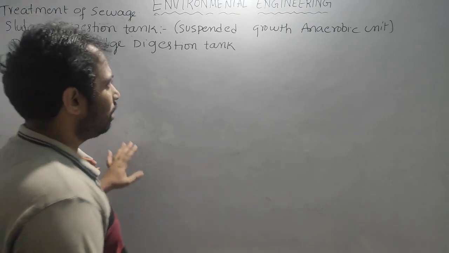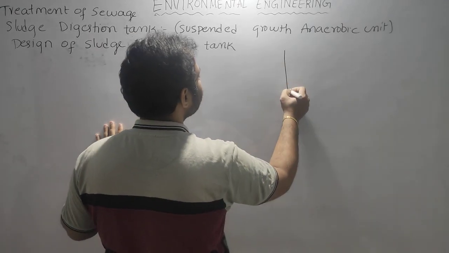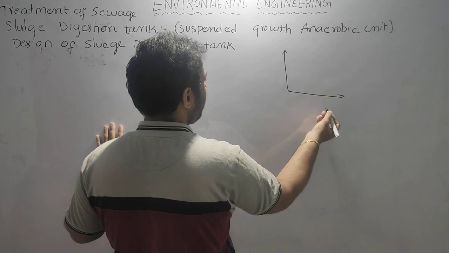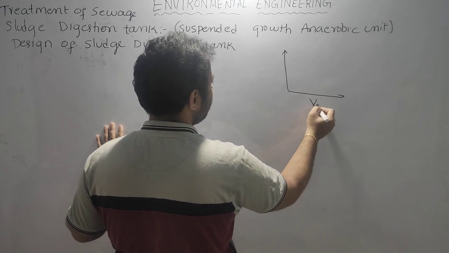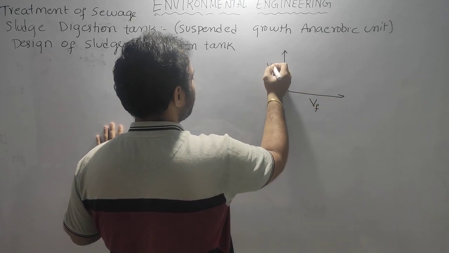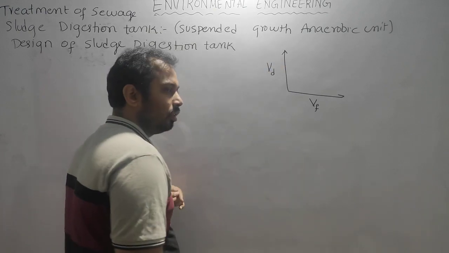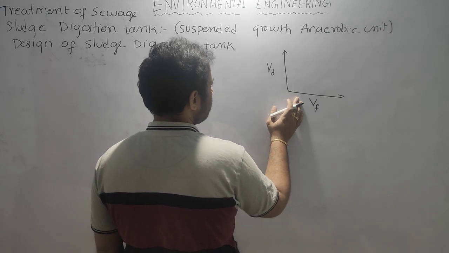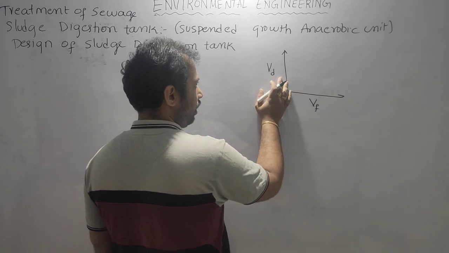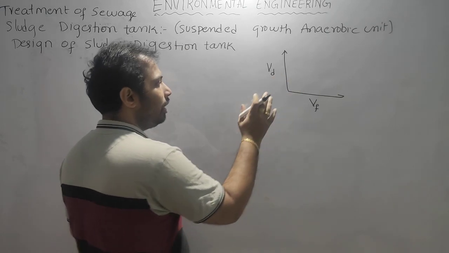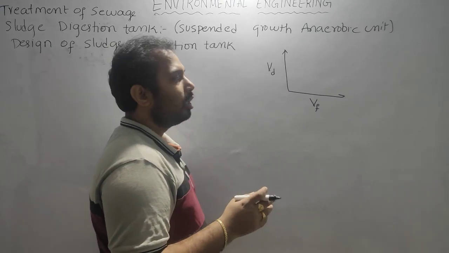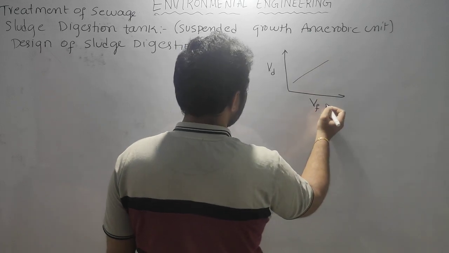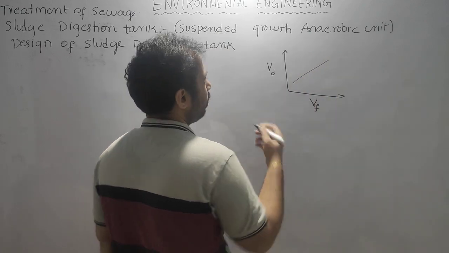So if you look at the graph, let us take the fresh sludge on the x-axis and digested sludge on the y-axis. If the incoming fresh sludge and outgoing digested sludge both vary linearly somewhere like this, then if more fresh sludge is coming, more digested sludge is also removed.